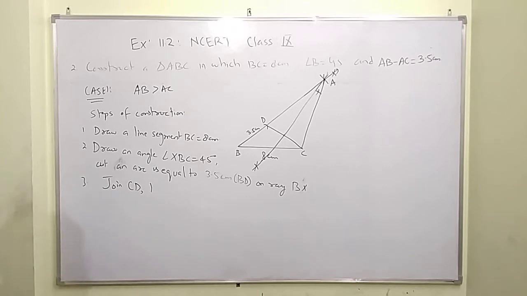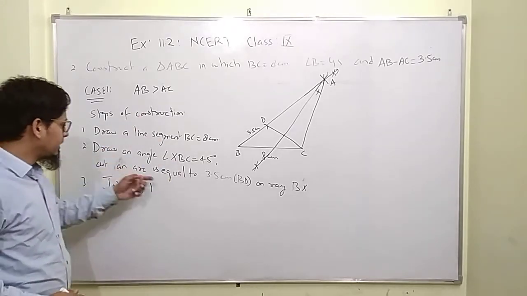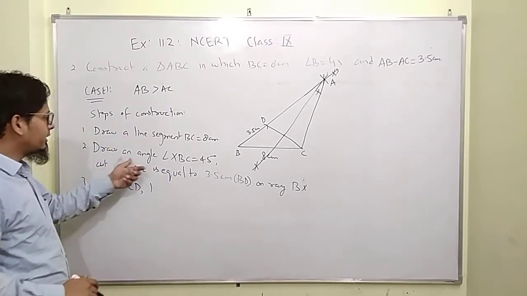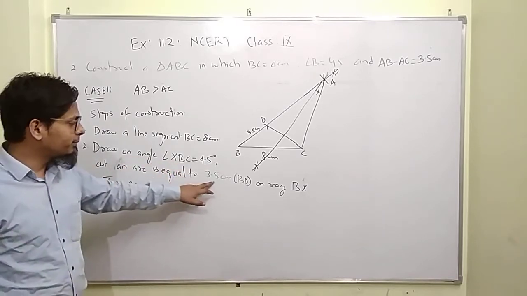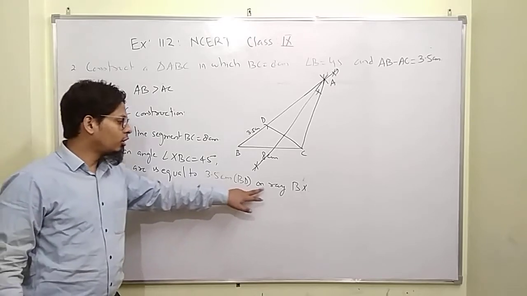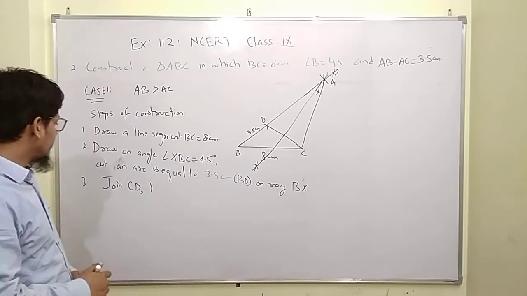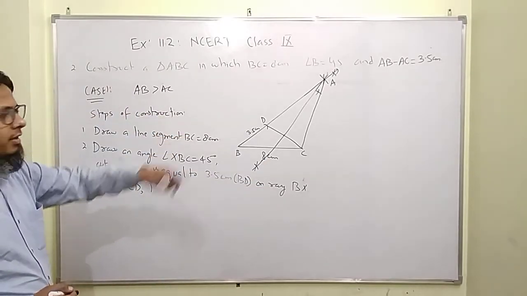Now class, continue this topic. Draw an arc, class. I just changed some of this line here. Draw an angle HBC equal to 45 degree, and cut an arc equal to 3.5 centimeter, say BD, on the BX. After this, now join CD. We have joined the CD here.